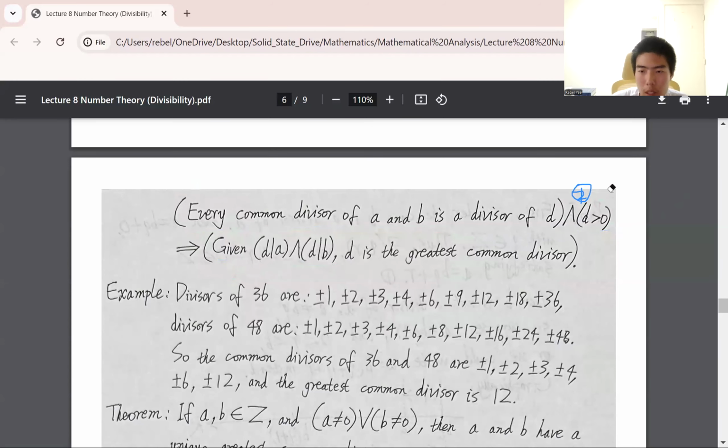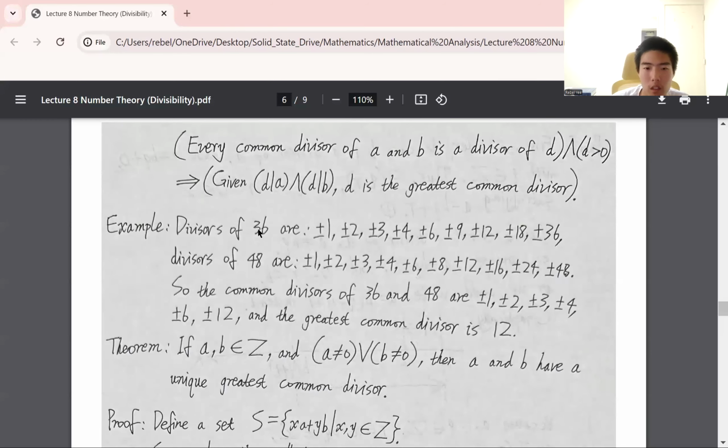So let's see some examples. One famous example is the common divisors of 36 and 48. Both of these numbers have a lot of divisors. The common divisors of them are 1, 2, 3, 4, 6, 12. That's all.